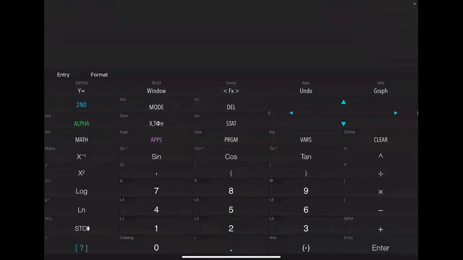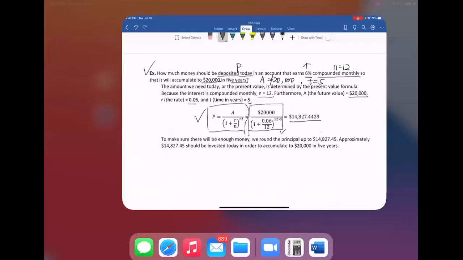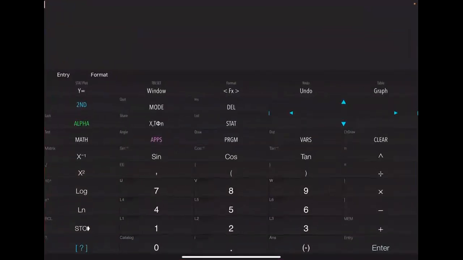So in this part, we have 20,000 divided by all of this. So let's go to the calculator.